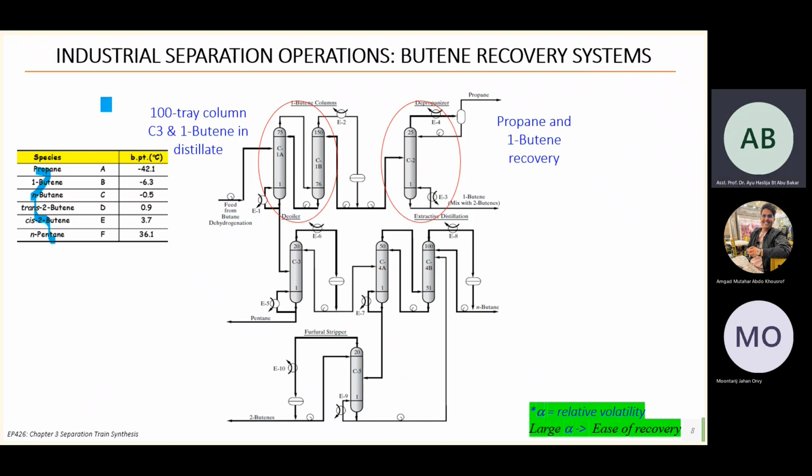C3 is what? Yes, propane. Now we have C3 up here.